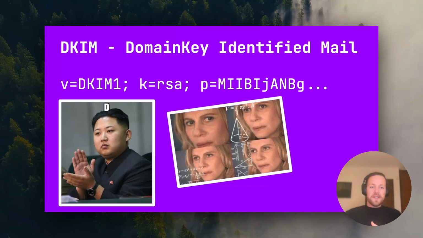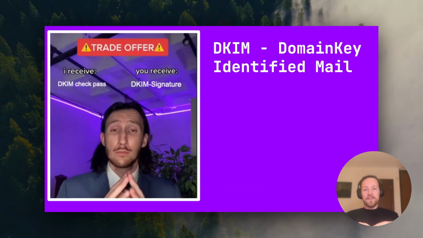It uses cryptographic signatures and hashing and defined rules to prove an email hasn't been tampered with and that it's really come from your domain. So say your mail server is Microsoft Office, for example. Your mail server will first create a hash from your outgoing email.